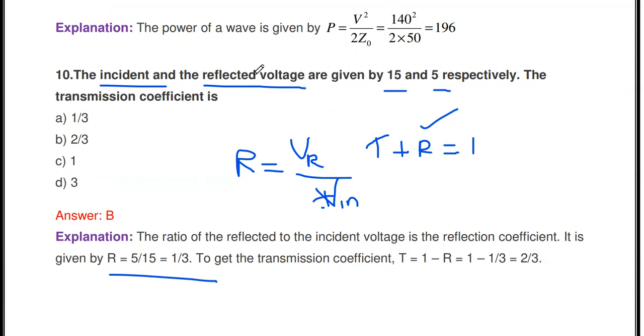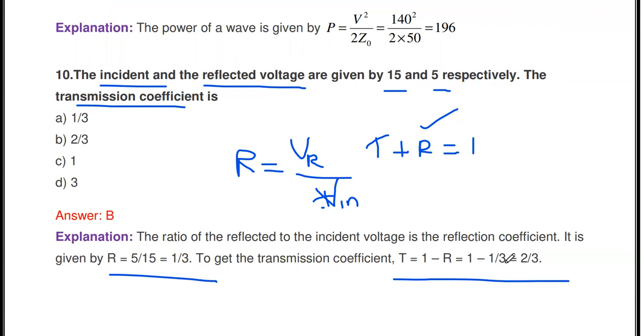The reflected voltage is the part of the wave that, after reaching the receiver, is reflected back to the sender. So 5 divided by 15 gives 1 divided by 3, so 0.33 is the reflection coefficient. Our question is the transmission coefficient, and the transmission coefficient is equal to 1 minus R.